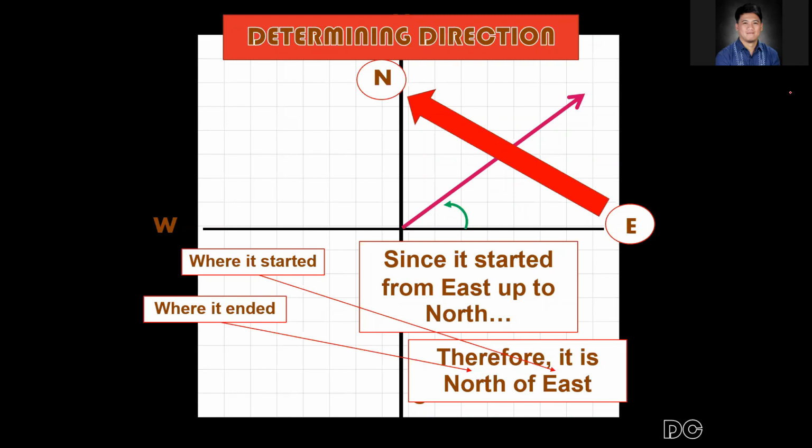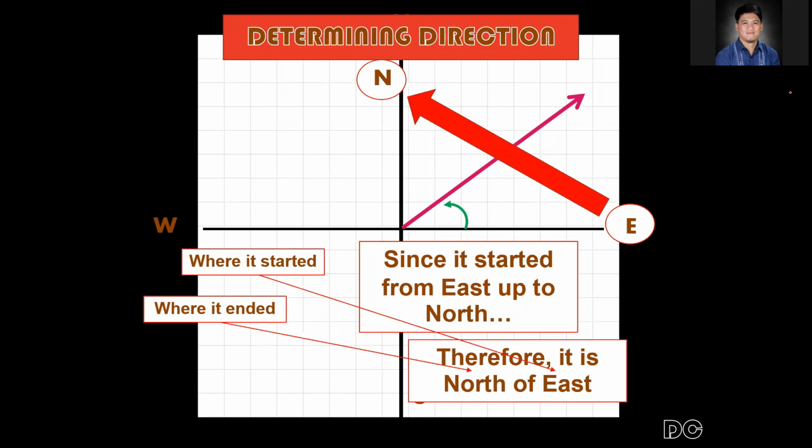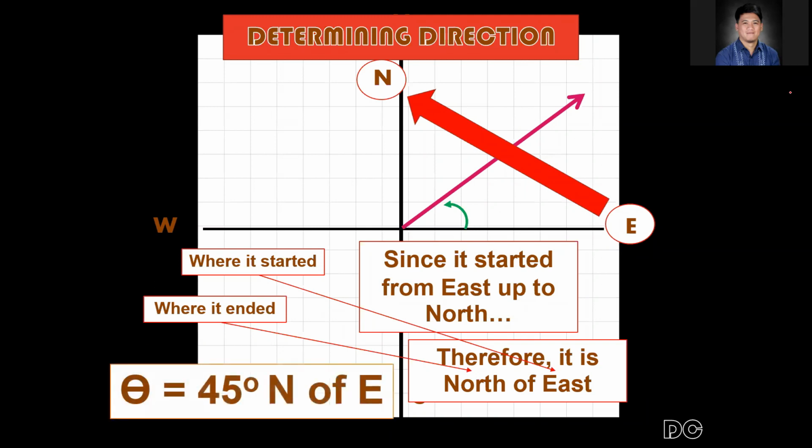In this case, as we can see on the green arrow, the tail of our angle started from the east and then it moves upward to the north. Therefore, the direction is now north of east. And to complete our direction, including the magnitude, the angle theta or the direction is now equal to 45 degrees north of east.